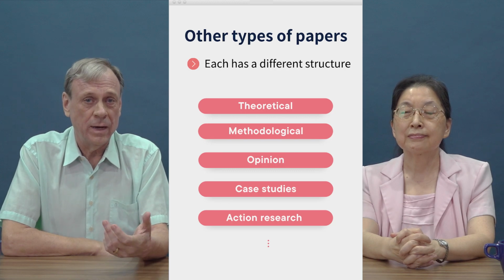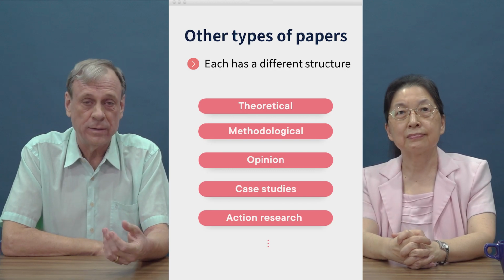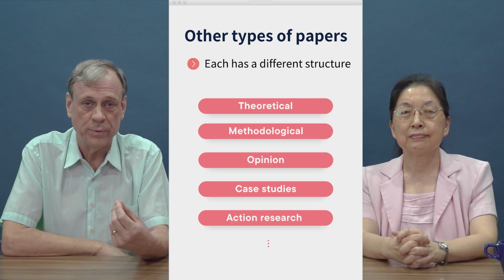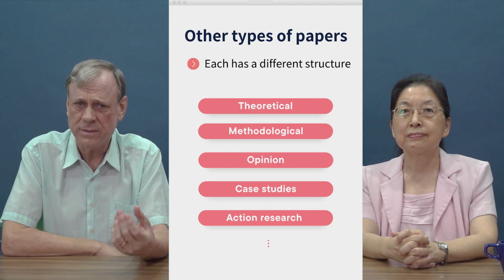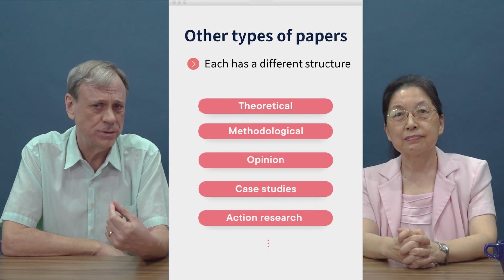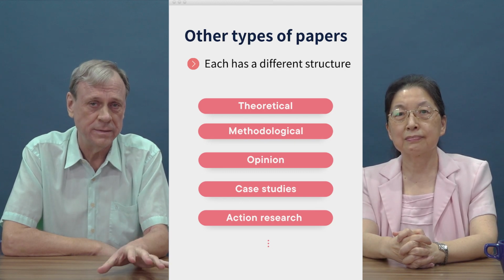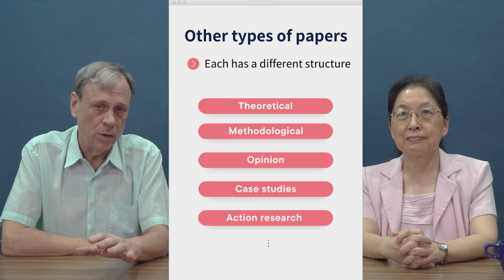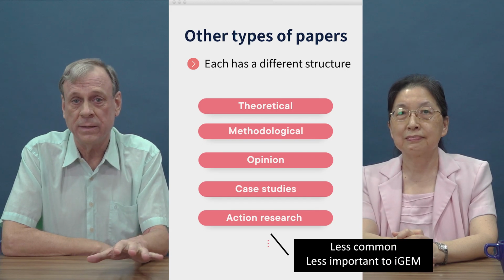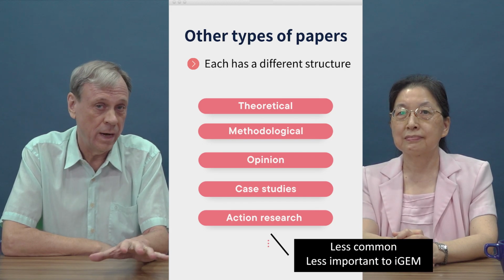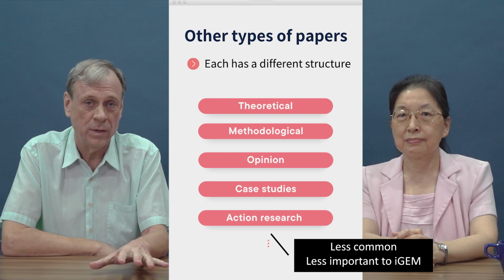There are many other kinds of papers as well. There are theoretical papers, methodological papers, opinion pieces, case studies, action research, many different types of things. All of them have a slightly different structure. Most of these are less common and less relevant for iGEM than the ones we're going to talk about.